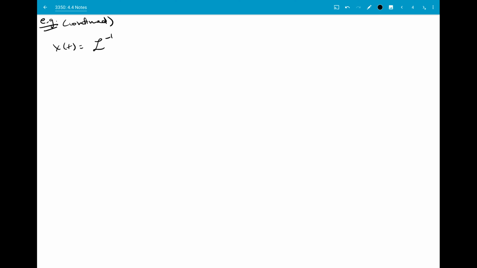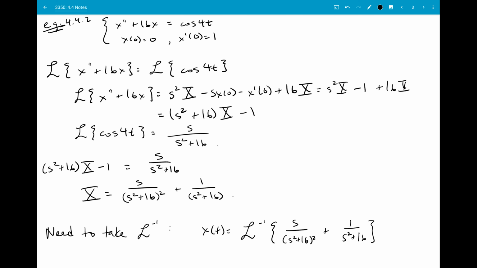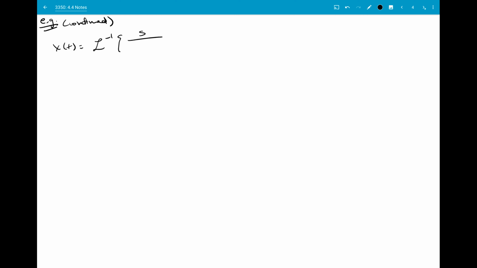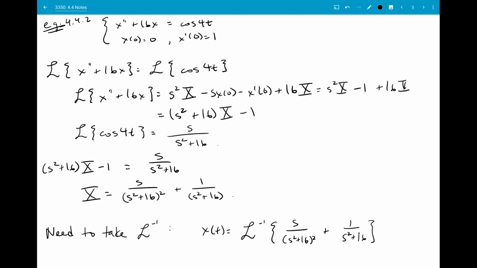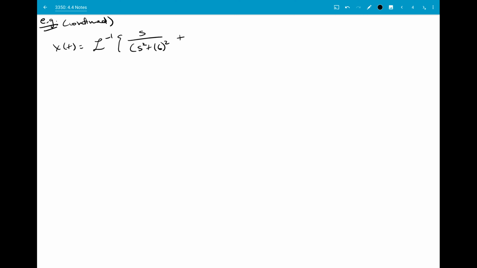So x of t is L inverse of s over s squared plus 16 squared plus 1 over s squared plus 16.